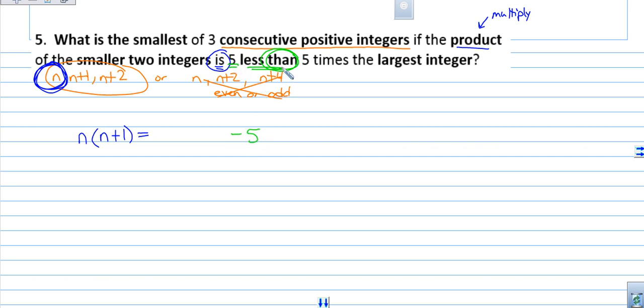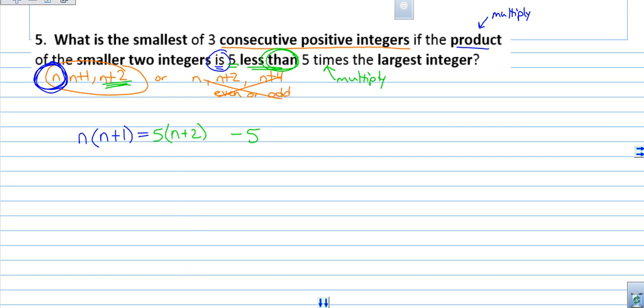So that's 5 less than, which means minus 5. 5 less than what? 5 times the largest integer, which means multiply. So we're going to do 5 multiplied by the largest. Well, the largest is n plus 2. So we're going to do 5 times n plus 2.